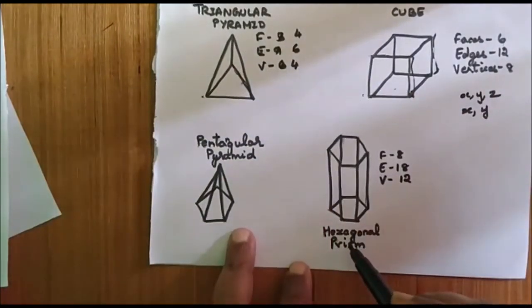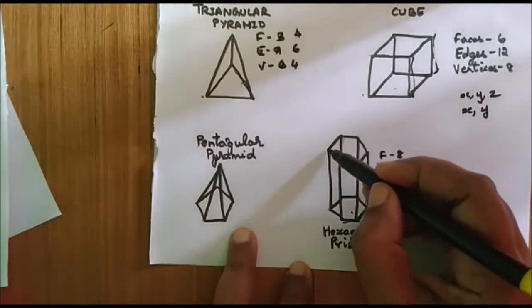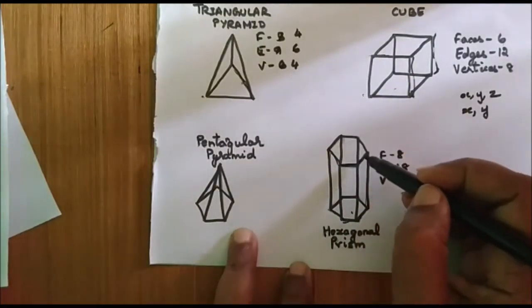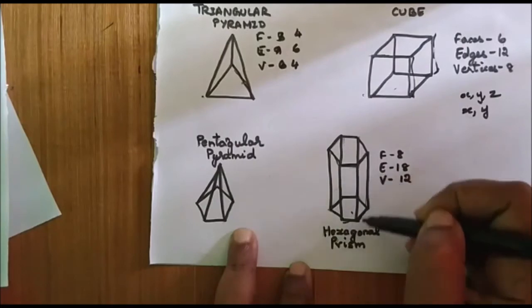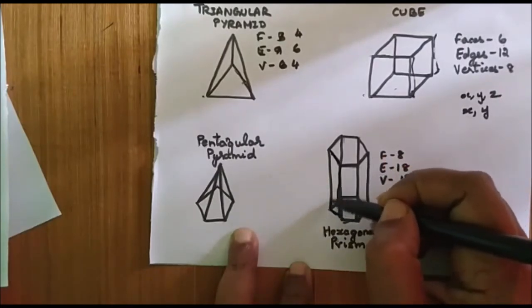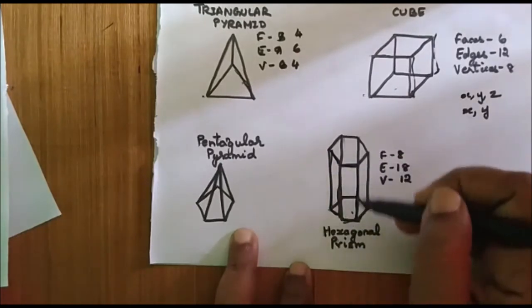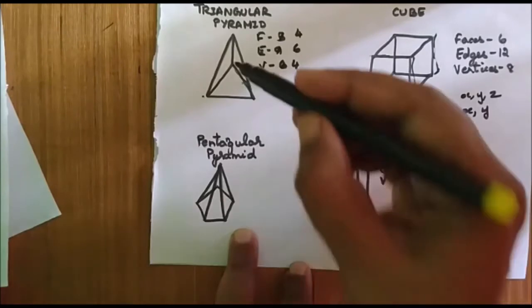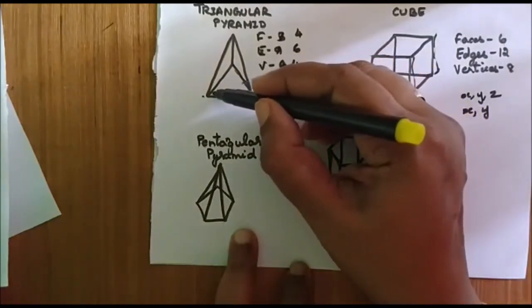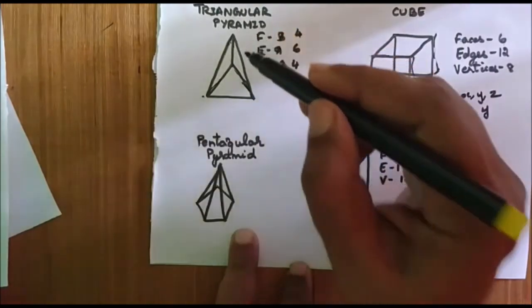Whereas in the case of a prism, you have a hexagon here at the bottom and you also have a hexagon at the top. They are joined together by rectangular surfaces. This is one rectangular surface. This is a prism. Whereas in the case of this pyramid, there is a triangle here, and at this end they are all pointed.